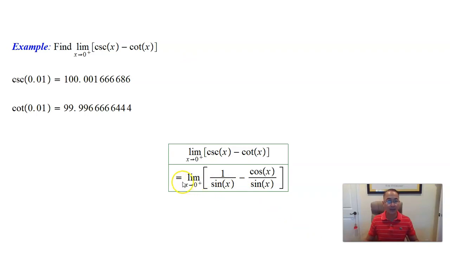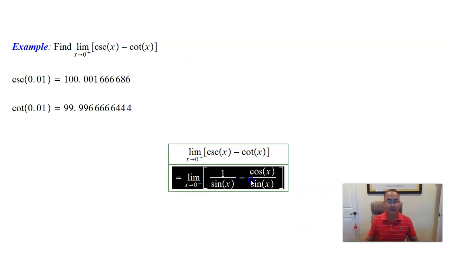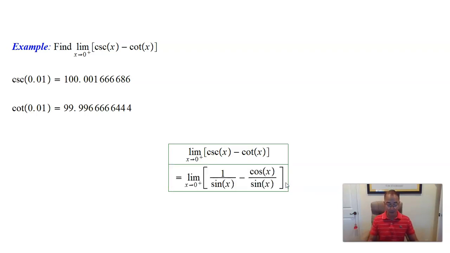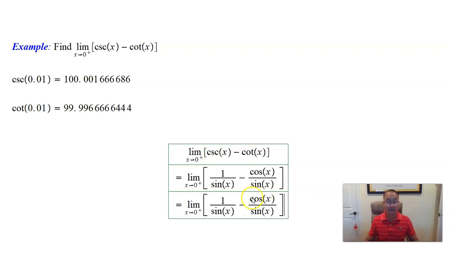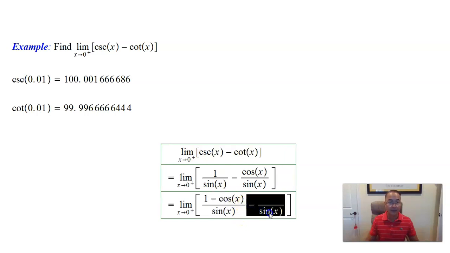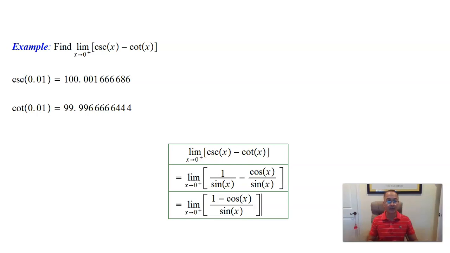It looks like the obvious thing to do would be to combine the two fractions. They do have the same denominator, don't they? So we can write it as 1 minus cosine x, just the numerator, and there you go. Now it's just one fraction: 1 minus cosine x all over sine of x.